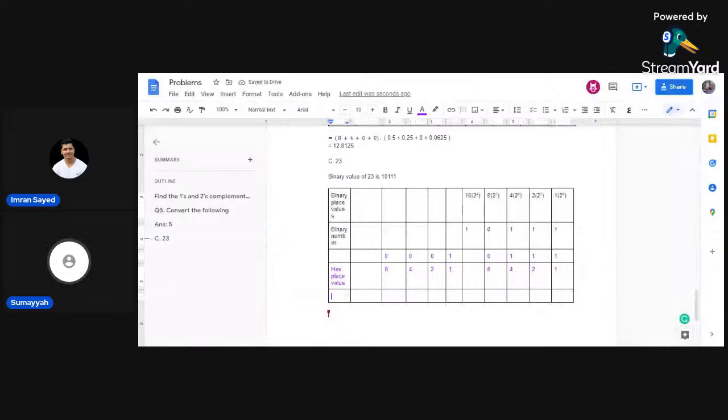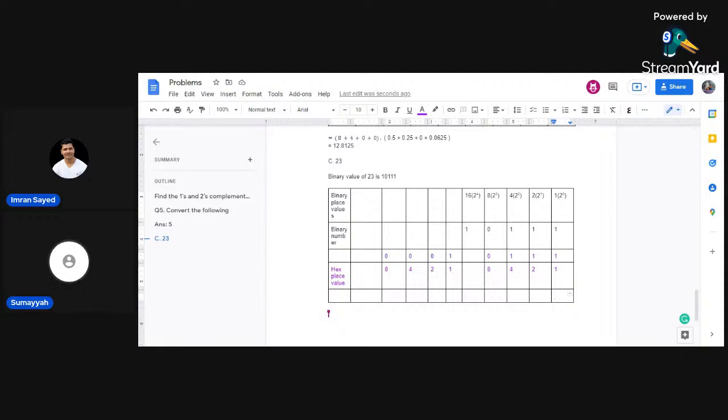Then just like we did with decimal, you multiply the digit by the hexadecimal place value. So for this group, it's going to be 1 plus 2 plus 4. You are multiplying 1 times 1 plus 1 times 2 plus 1 times 4 plus 0 times 8.